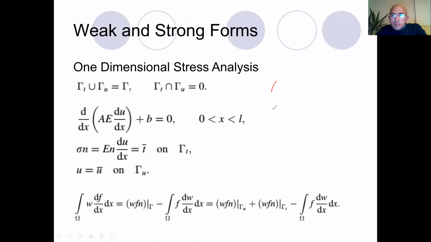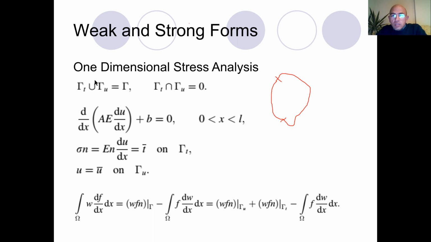Let's say that this is our object, and at arbitrary locations we have different boundary conditions. Now here U is for displacement and T is for traction force, traction.